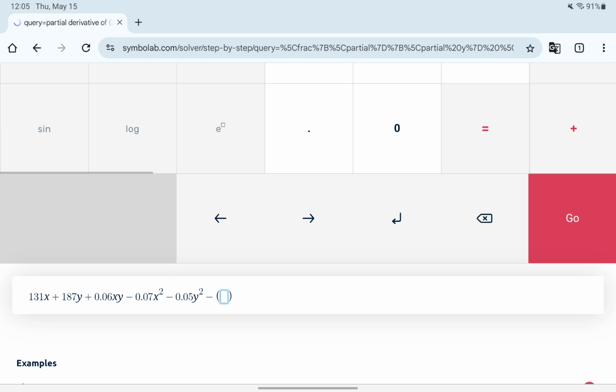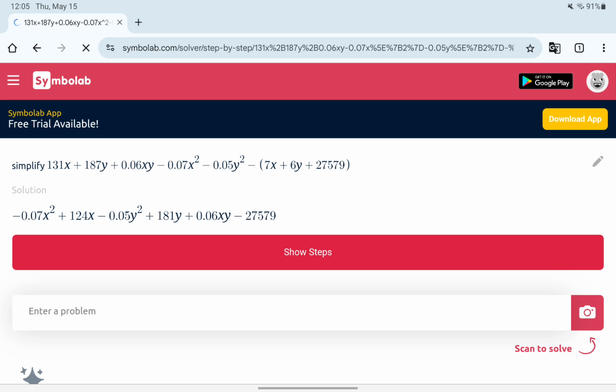I'll subtract the cost function in a set of parentheses to make sure that subtraction carries through to each term. And we get our like terms combined to get this simplified profit function.